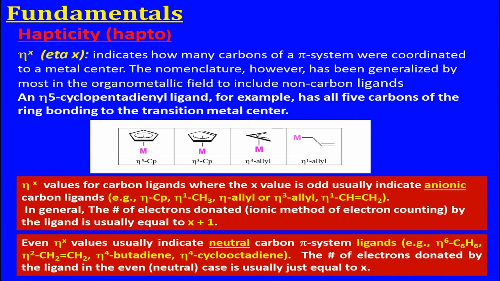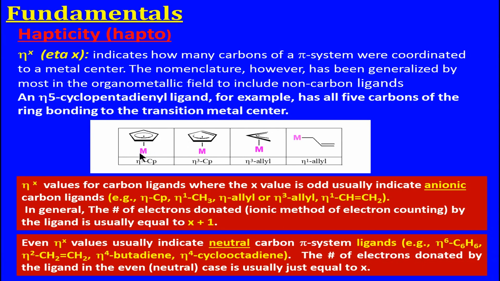For example, if you have M bound to a bidentate ligand, you can write hapto-2 diphosphine. A hapto-5 cyclopentadienyl ligand has all 5 carbon atoms of the ring bonding to the transition metal center.